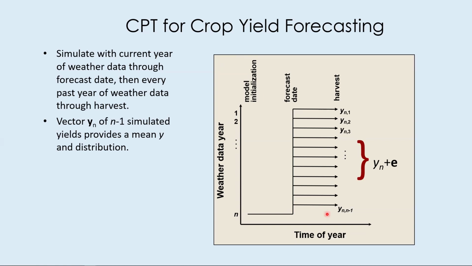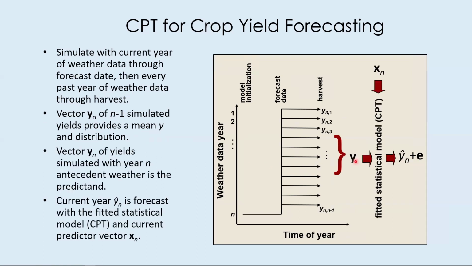These simulated yield values give us a set of yield values that allows us to calculate the average yield and its distribution. So I can calculate the average yield value and estimate the distribution of errors behind it.